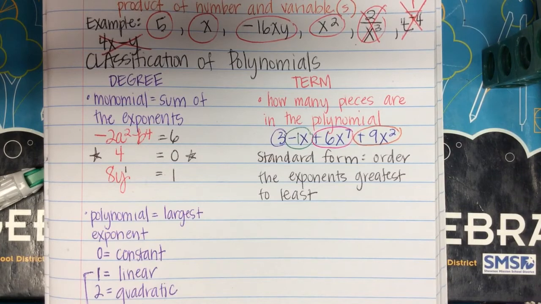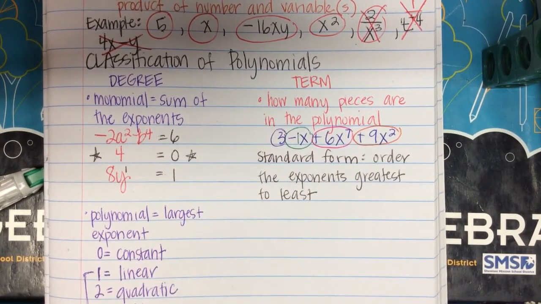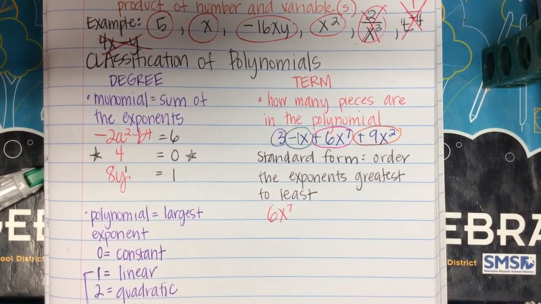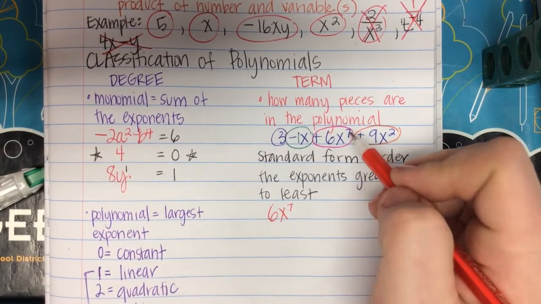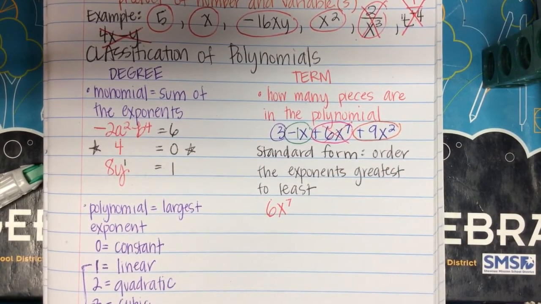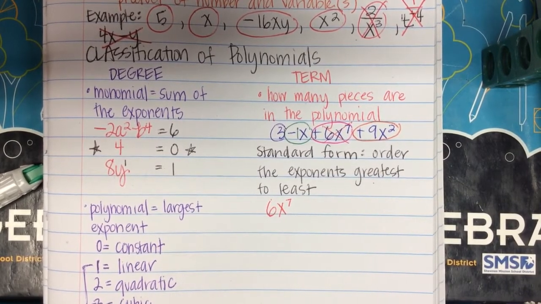Which one of these 4 items, which one would go first, Valencia? 6x to the 7th would go first. Good. And after 6x to the 7th, I have 3 terms to choose from, going from greatest to least.